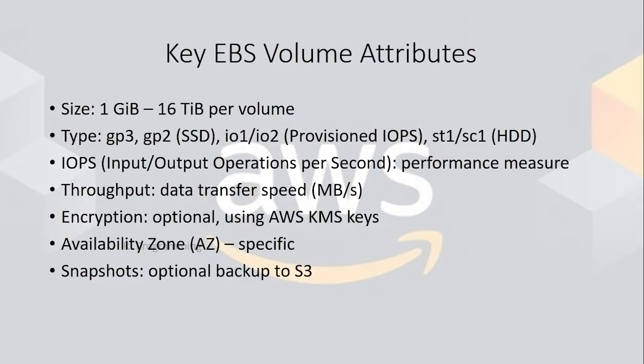IOPS, the input-output operations per second, measures how many read-write operations per second a volume supports, and this is critical for databases. Throughput measures sustained data transfer rate. Encryption can be enabled using AWS Key Management Service, KMS. And importantly, each EBS volume exists in a single availability zone, though you can back it up and restore it anywhere using snapshots.